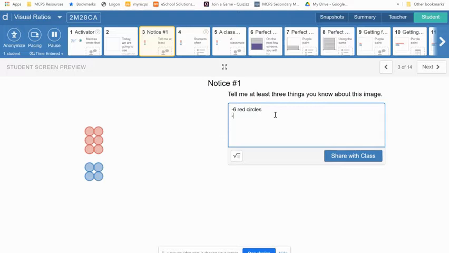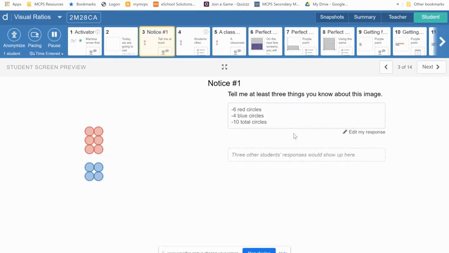I see 4 blue circles. What else? I also see 10 total circles. Those are 3 things I see. Anything else you see, you can add to that.